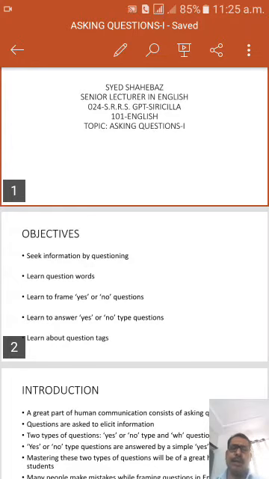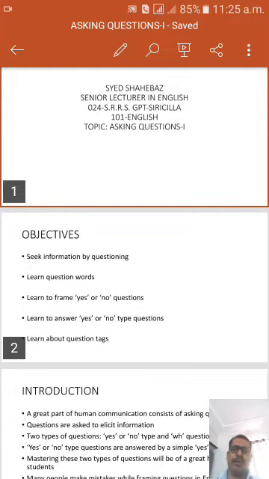The auxiliary verbs are used to frame the questions. These questions are yes or no type questions. So learn to frame yes or no type questions. So in this lesson we are going to learn how to frame yes or no type questions.